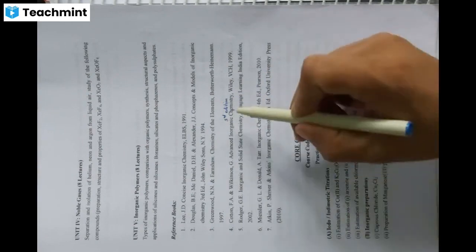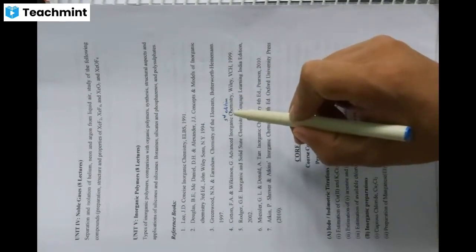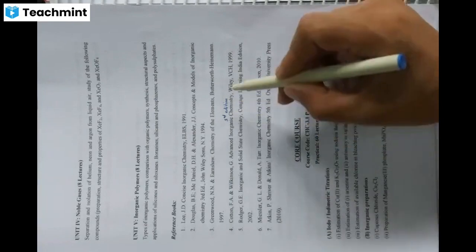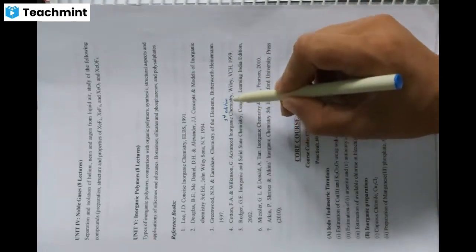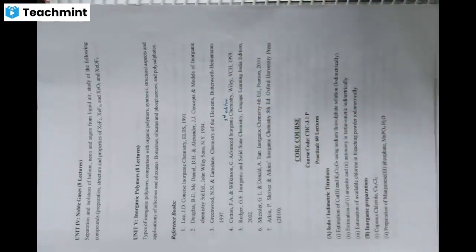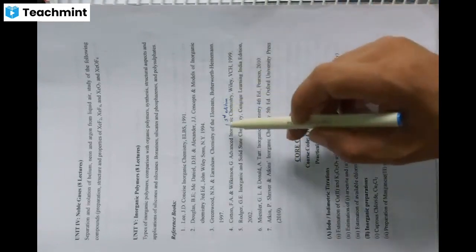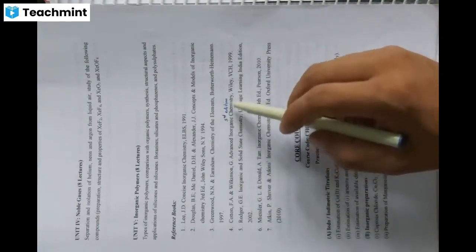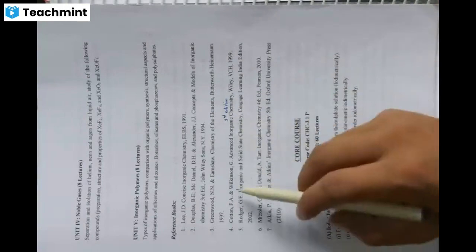Of course, it is out of print, so if you have friends or relatives living in Kolkata, you can contact them, because it may be available in College Street in Kolkata. It is the world's largest book depot, so you can collect it from there.